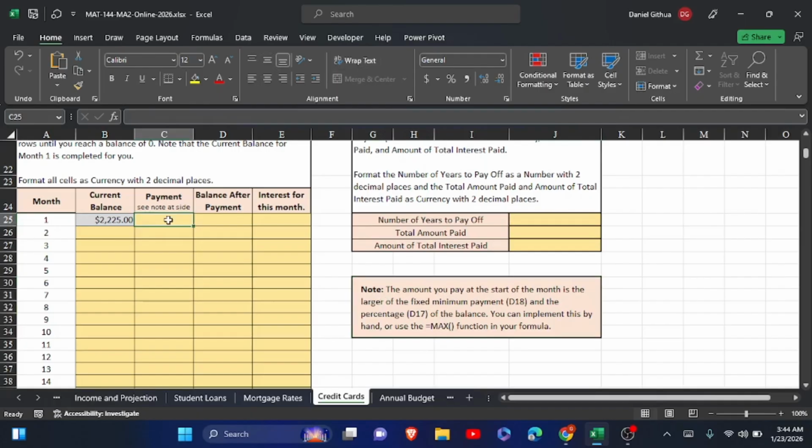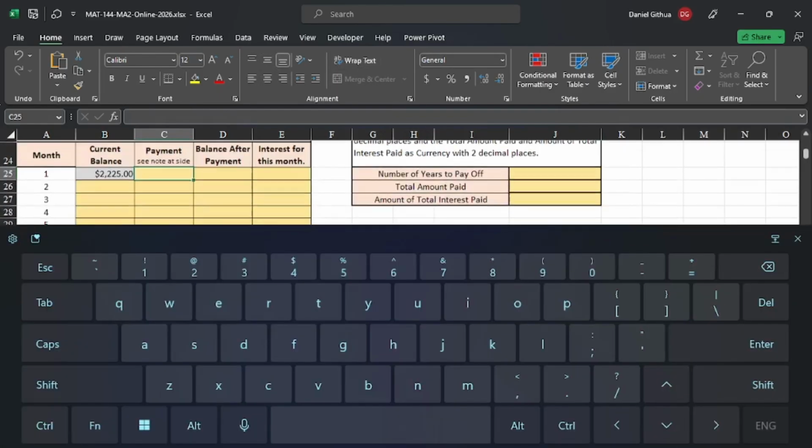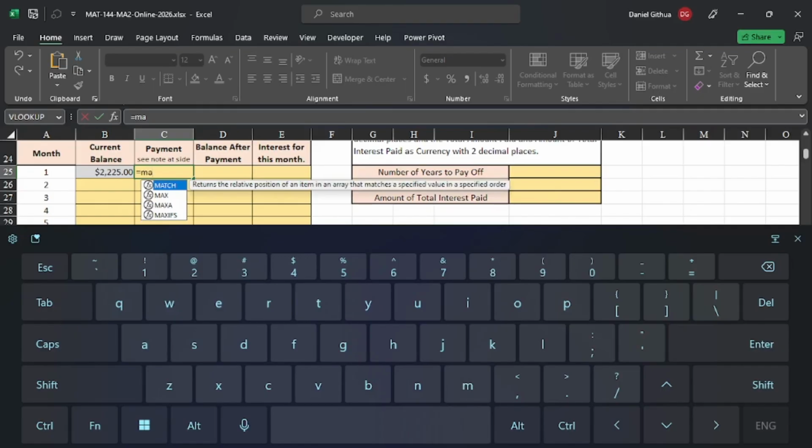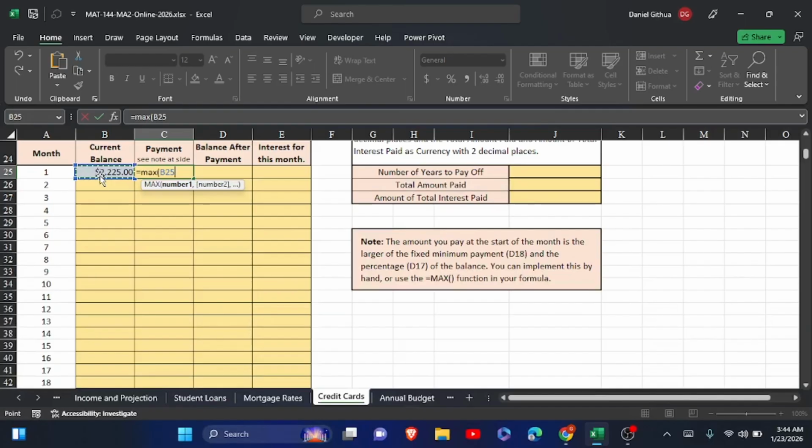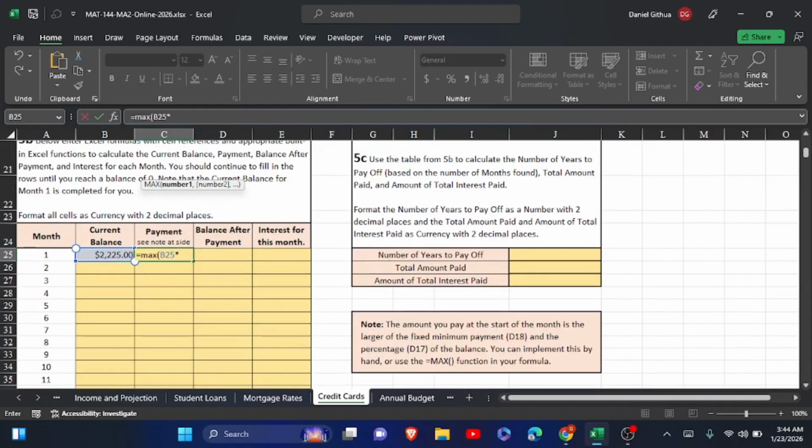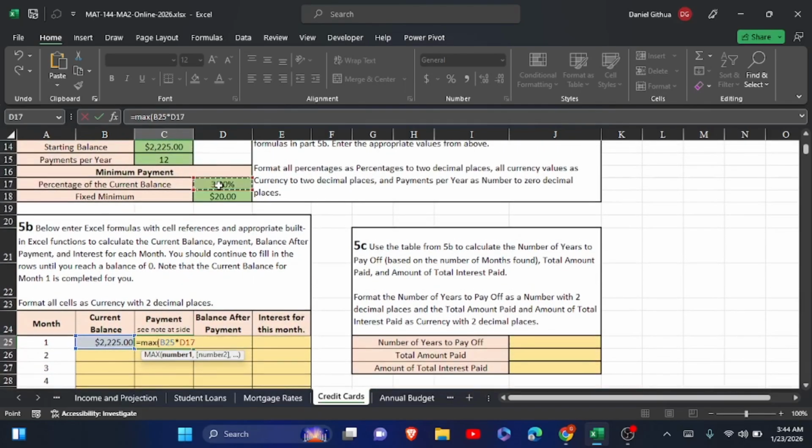So you come here and type equals MAX, open the bracket, type D25, which is the balance, times C17, which is the percentage, and then the other number is the fixed minimum, C18, which is D18. And it gives us 6.275.